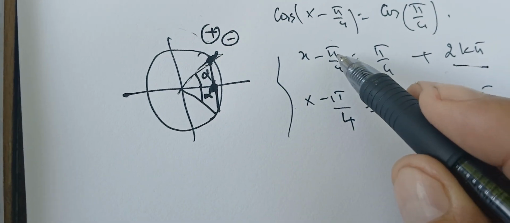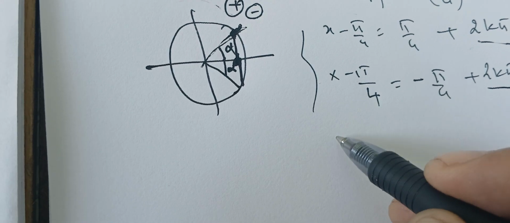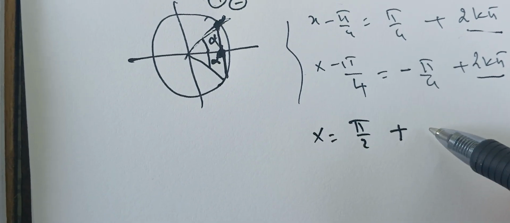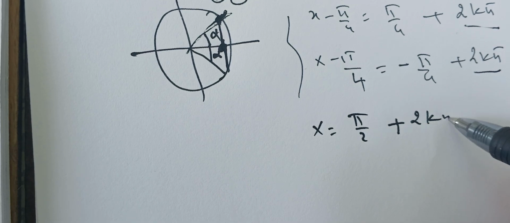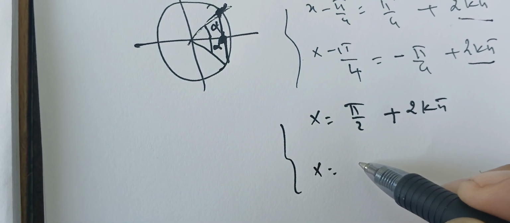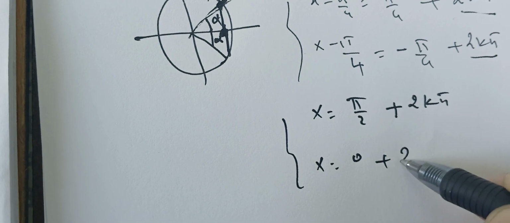Now if I try to solve for x, for this one here, I get x is pi over 2 plus 2k pi. Or here I get x is 0 plus 2k pi.